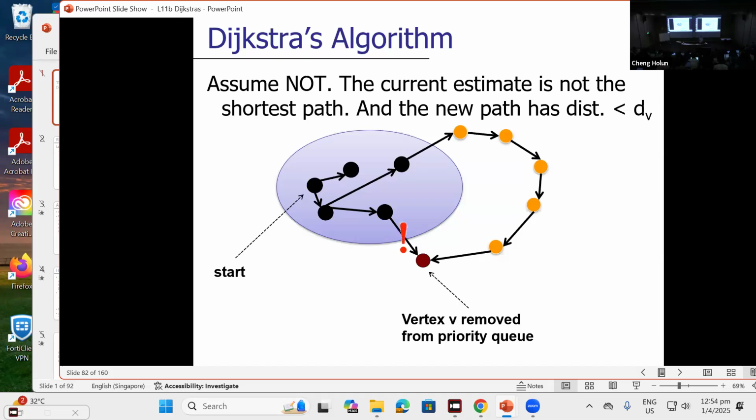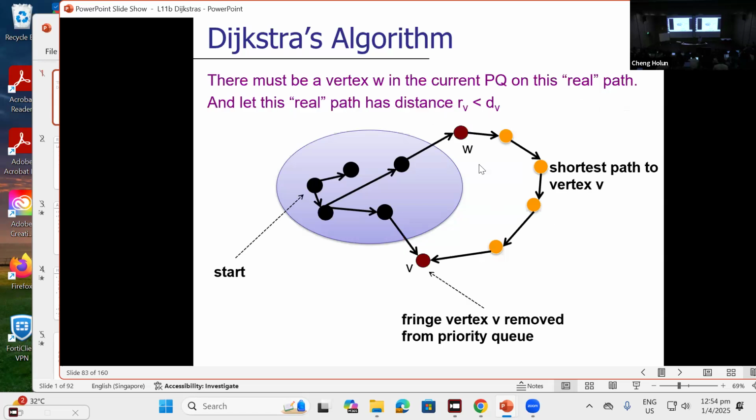But then what does that mean? If it really happens, this real path will have a distance less than dv, right? What is the weight of the start of this new path? Graphically, if the start point goes to here, it needs a distance of dv, right?